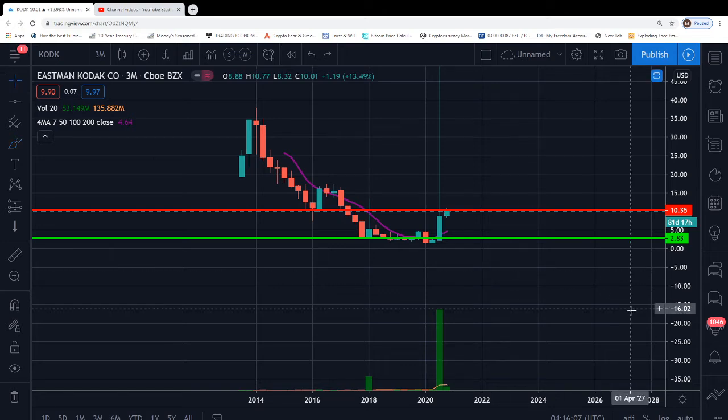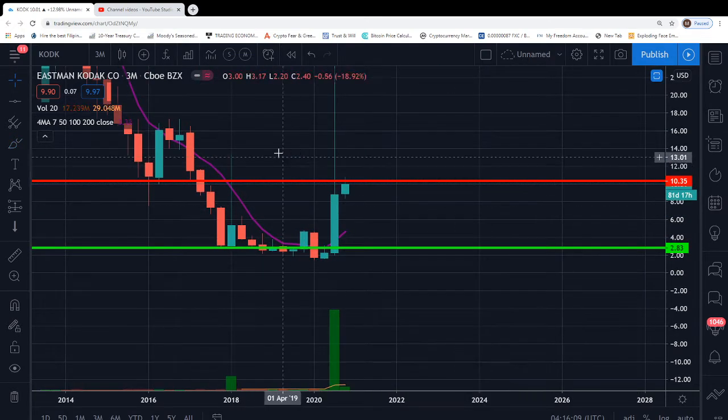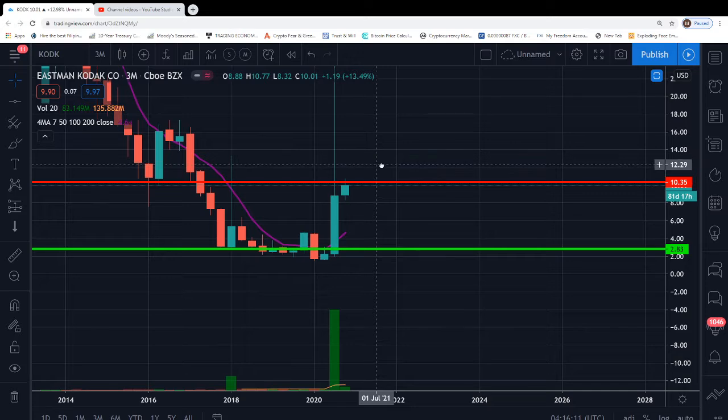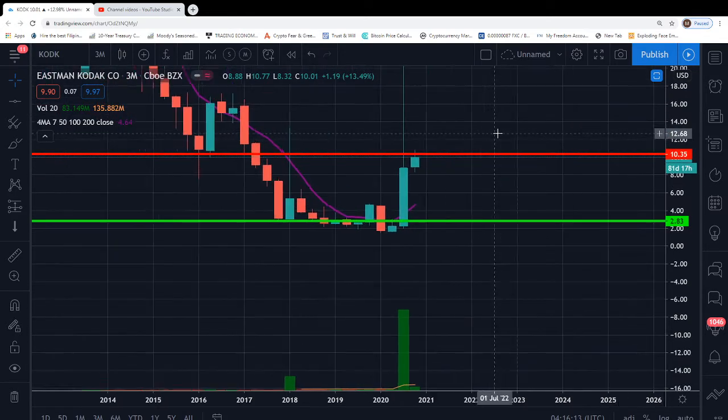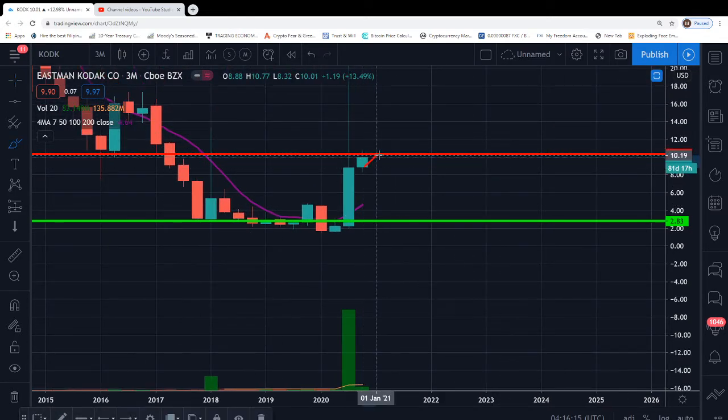These are the ranges that I'm looking at right now. If Kodak cannot get above $10.35 and it finds some resistance at this line and potentially gets rejected, it could get as low as about $4.80. Worst case scenario, it'd come all the way back down to $2.50.